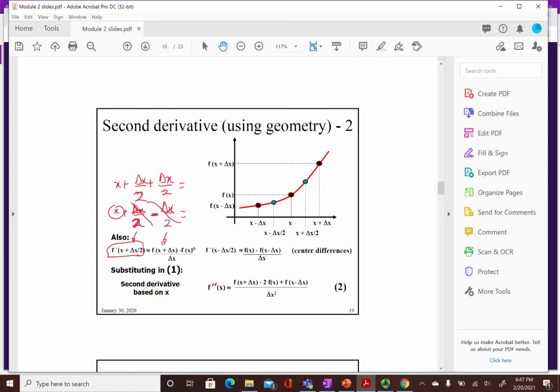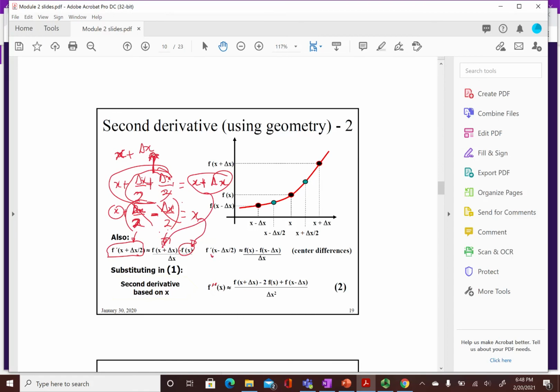Am I missing something there? Yes, it's going to be x plus delta x, because delta x over 2 plus delta x over 2 equals delta x, but delta x over 2 minus delta x over 2 is 0. So this is x, this is x plus delta x, and that's why this x plus delta x goes in here and this x goes in here.